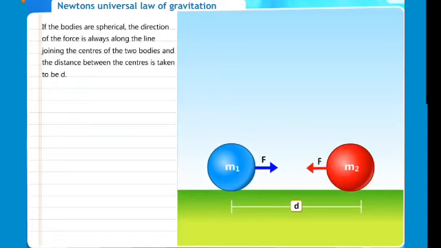Now see here, if the bodies are spherical, the direction of the force is always along the line joining the centers of the two bodies, and the distance between the centers is taken to be d. What is the distance between the two objects? Small d.